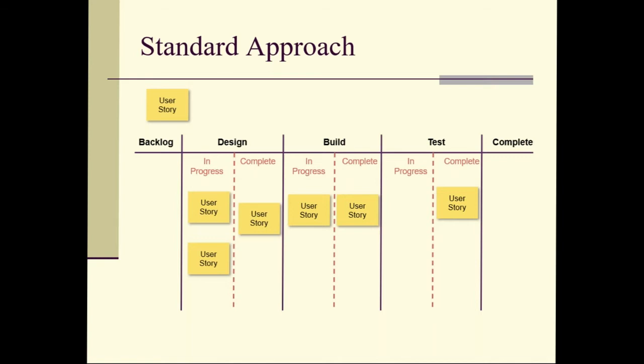So I might say to those testers, hey, you got nothing in progress, go grab that build complete one and pull it into place. Look at my designers. I got 2 in progress, 1 complete. The designers are blazing through this process, right? They're doing really well. The developers, the builders, have one that they're working on. They have one they could be working on, and honestly, those designers might be done those other 2 features fairly quickly.